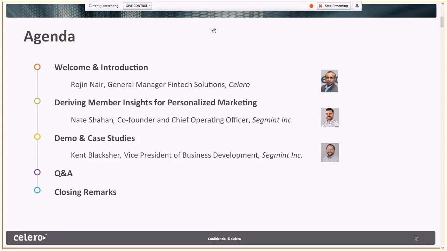And then we also have Ken Blackshire, Vice President of Business Development at Segmint. Ken is going to give us some insights into what the tool is all about and a few case studies. And I'll close the meeting exactly at 11 o'clock with some remarks and giving you some overview of where we are with this initiative and what are the possibilities for the credit unions to partner in this journey.